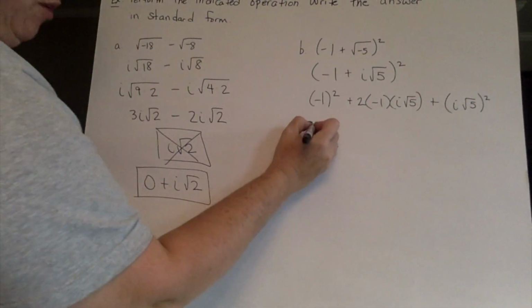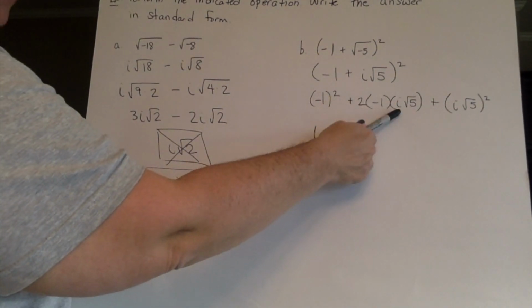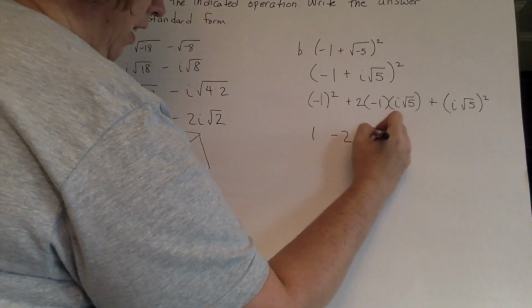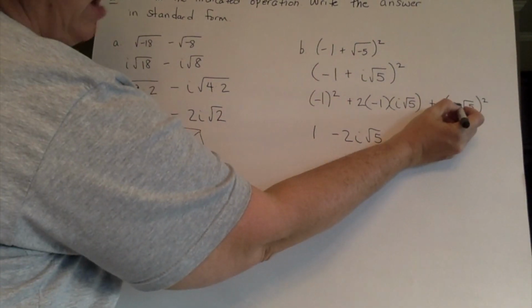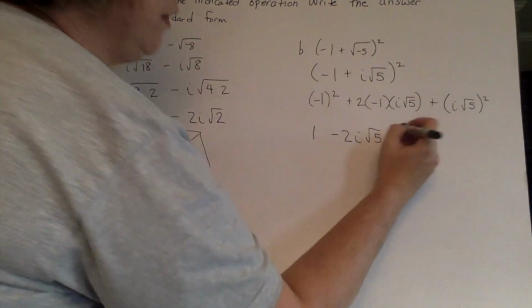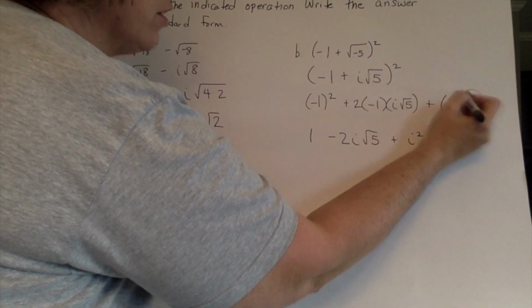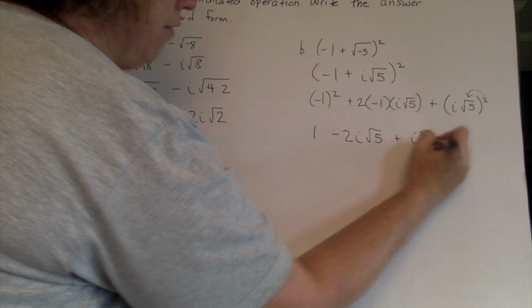When I square negative 1, we get positive 1. 2 times negative 1 times i square root of 5 is negative 2i square root of 5. When I square i square root of 5, remember this is like i times the square root of 5. So I have to square the i, which is i squared, and square the square root of 5, which is 5.